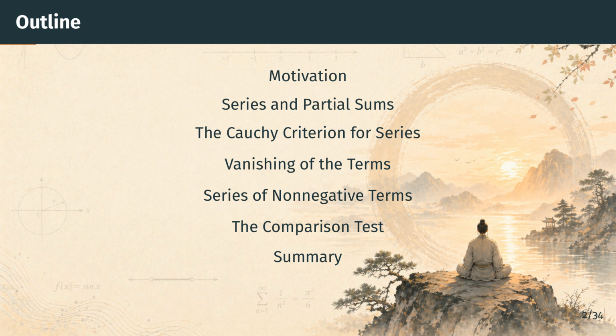A one-line consequence is Theorem 3.23. The terms of a convergent series must vanish. Theorem 3.24 specializes to non-negative term series, where convergence is the same as boundedness of the partial sums. We finish with the comparison test, Theorem 3.25, our first practical convergence test.